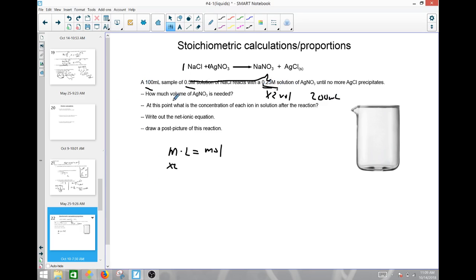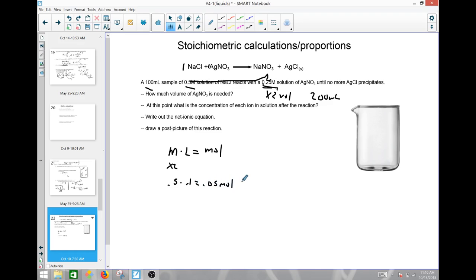How would I actually calculate that? What if I didn't know that, or if the numbers weren't so nice? What I would do is solve this out. How many moles of this do I actually have? So molarity is 0.5 times a volume of 0.1 liters is 0.05 moles.